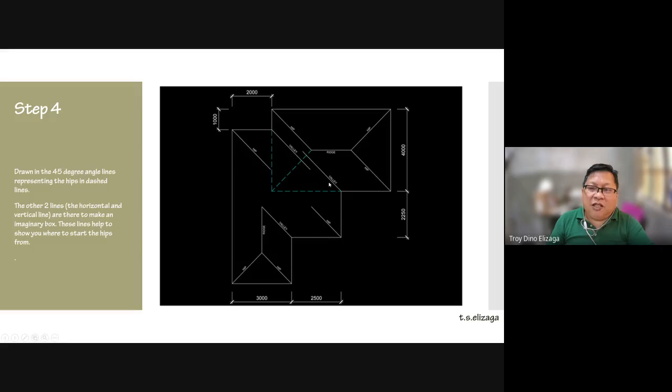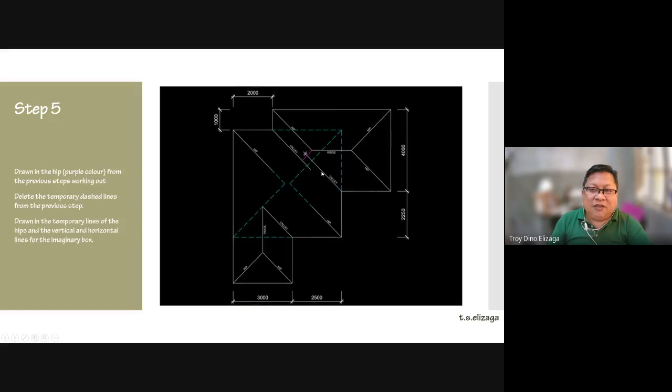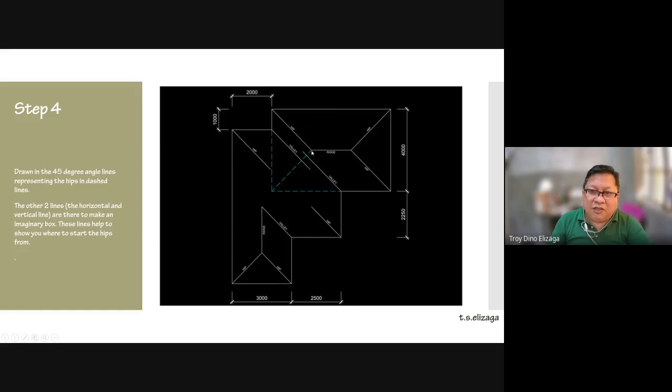And then we try to complete a roof of an imaginary portion of the house which forms a rectangle like this. And take note where the hip of that imaginary roof intersects, say, the valleys or the hip drawn earlier. So what happens here is that there's this valley and then there's this one.